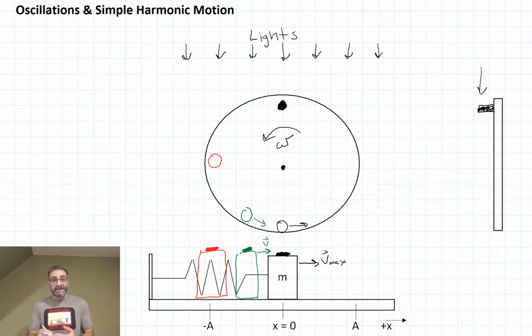Then I can use sines and cosines and circular motion to describe the cyclical nature of anything, even an object moving back and forth in a straight line.